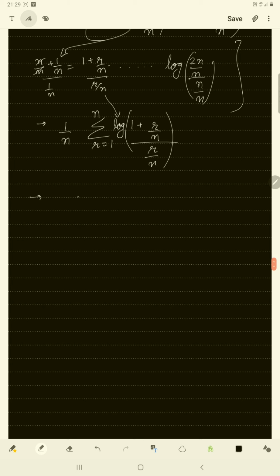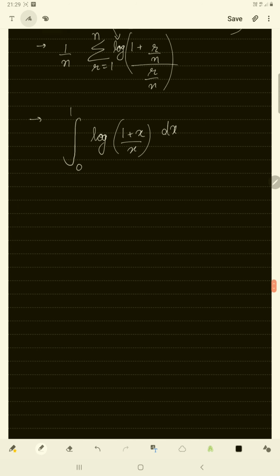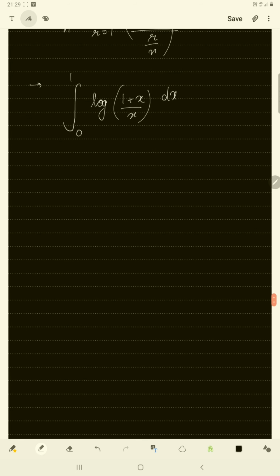Now I'm going to convert it into the definite integral. So we have 0 and 1, log of 1 plus x upon x dx. Now we can separate these terms.